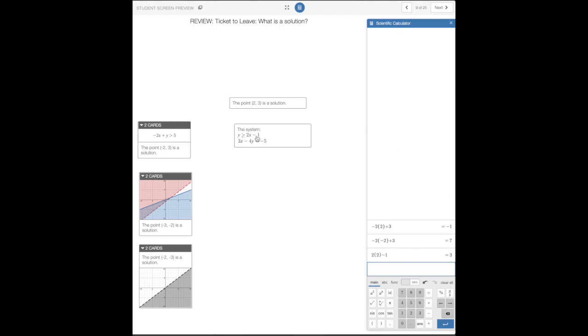So that's a true statement for this one, but it must also be true for the bottom one here. So 3 times replace x with 2 minus 4 times replace y with 3, I get negative 6. Is negative 6 less than negative 5? Yes, it is. So these go together.